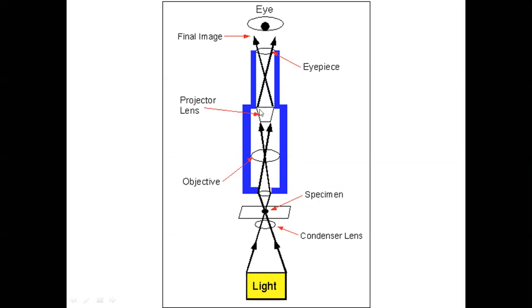It is projected through the projector lens into the eyepiece. The eyepiece may also vary, whether it is 5x or 10x. And finally, we will be able to see our sample, which is placed on the stage, with the eye. Okay, so that is how the light is traveling inside the microscope, right?